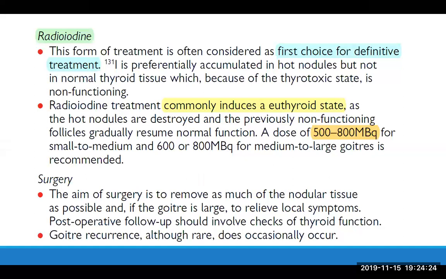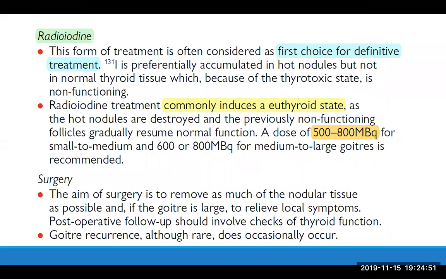And for male and female fertility, also not less than 6 months from the radioactive iodine dose. The dose of radioactive iodine for toxic nodule or multinodular toxic goiter is 500 to 800 megabecquerel, which, if you want to convert it to millicurie, you divide by 37.